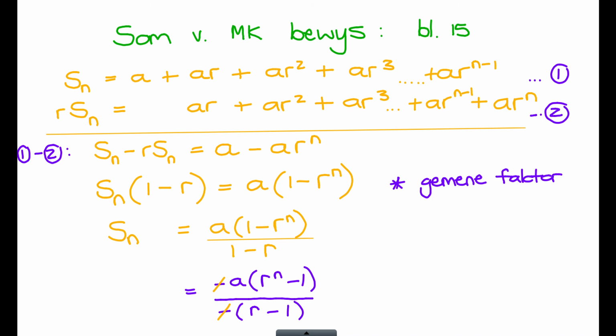You guys good? And then you'll also see that right after that, R may not be 1. Hoekom sê hulle vir my dit? Why may R not be 1? Kyk gou na my noemers. Look at the denominators. At the one it's 1 minus R and the other one is R minus 1. So as R is 1, gaan dit wees 1 minus 1.